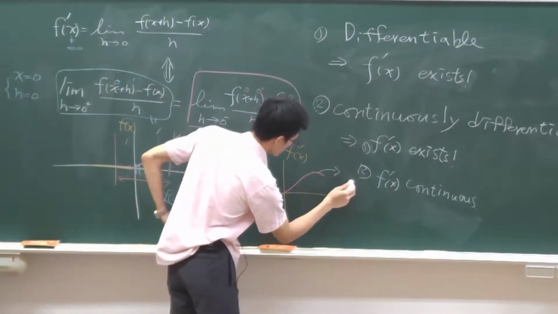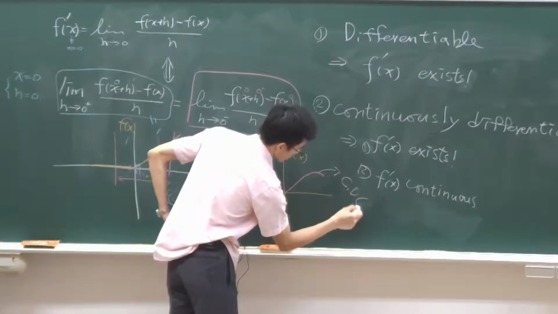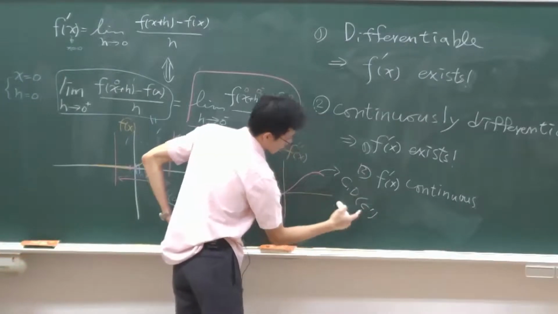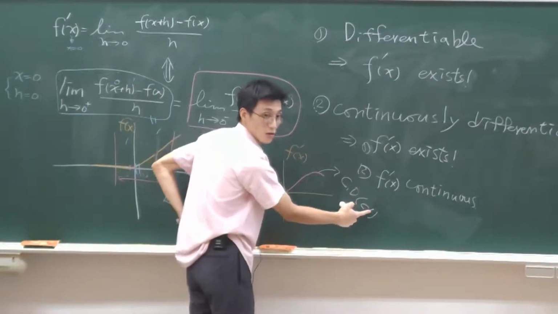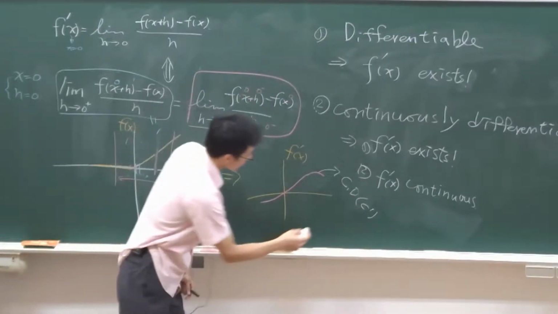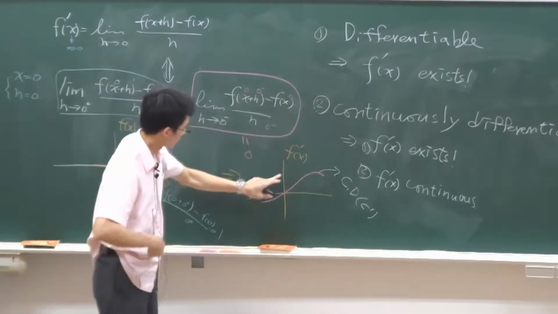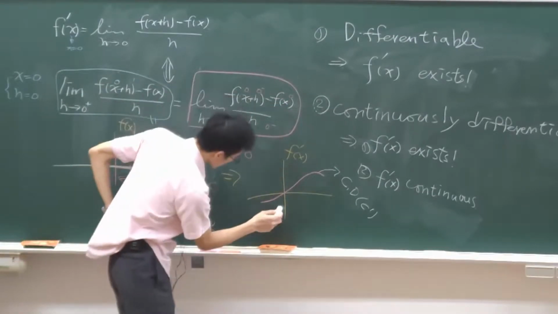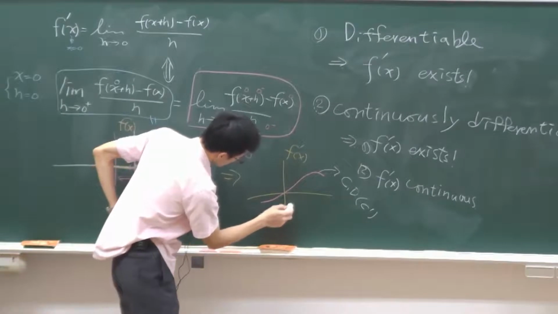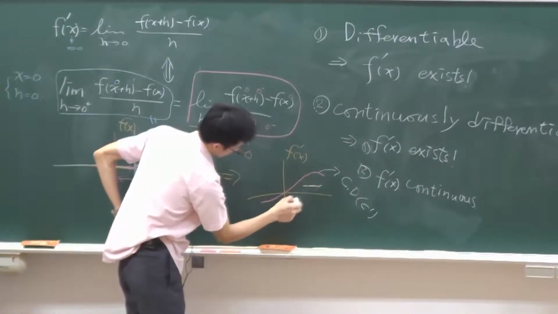So in this case, it's continually differentiable. Continually differentiable, we call C1. Continuous, and it's first order differentiable. But what if only, so what does a differentiable function look like in here? It might be this, this, and this.